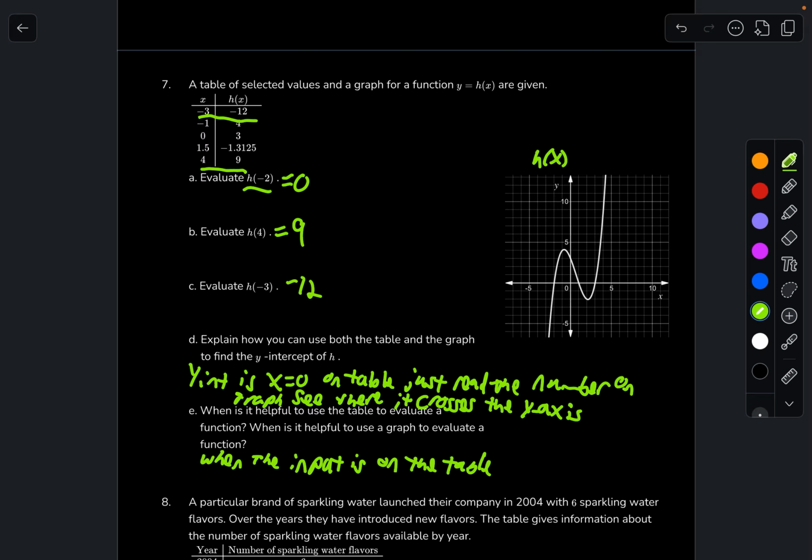When is it helpful to use a graph to evaluate a function? When the x value is not on the table. Then you have to use the graph to read it off.